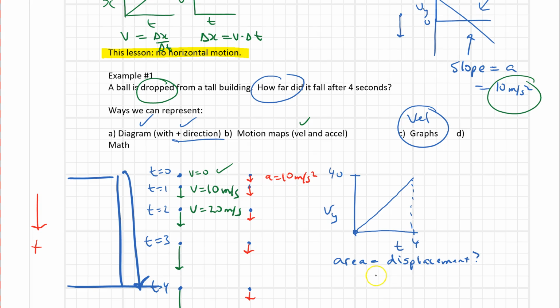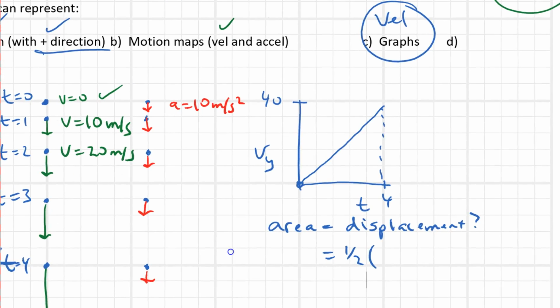That area is equal to 1/2 multiplied by the base, which is 4 seconds, multiplied by the velocity, 40 meters per second. Notice how the units work out here, because the seconds multiplied by the meters per second cancel each other out. So 1/2 of 4 is 2, 2 times 40 is 80, so I get 80 meters.